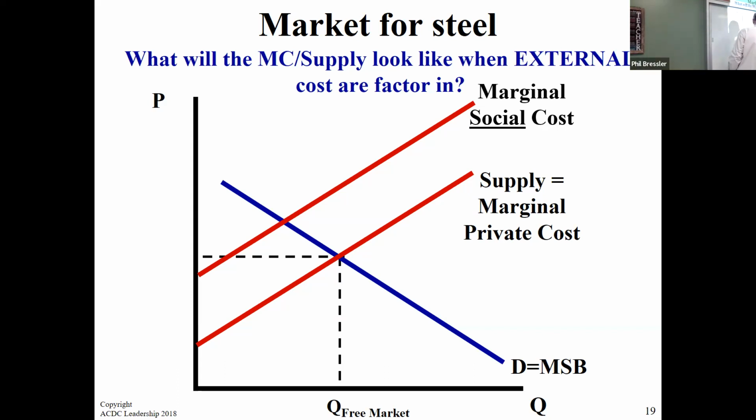Here, that's the price optimal. That's optimally what we want to charge. And that's quantity optimal. Alex, does the market left on its own produce more than optimal, less than optimal, or at optimal?